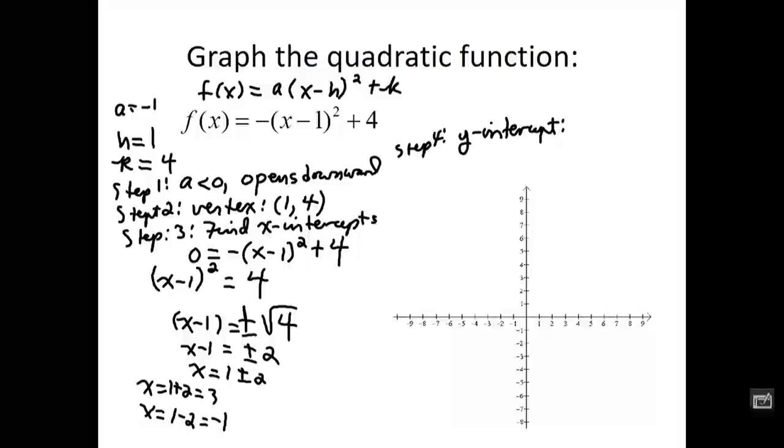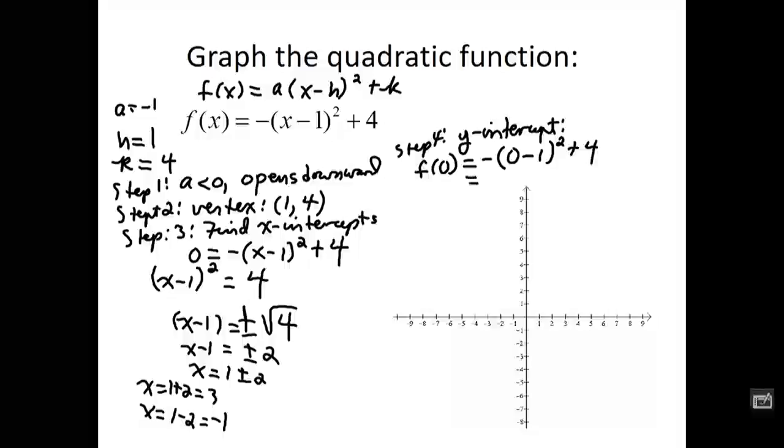To find the y-intercept, we merely need to evaluate the function at 0. In other words, what is f of 0? If I evaluate the function at 0, I get minus (0 minus 1) squared plus 4.